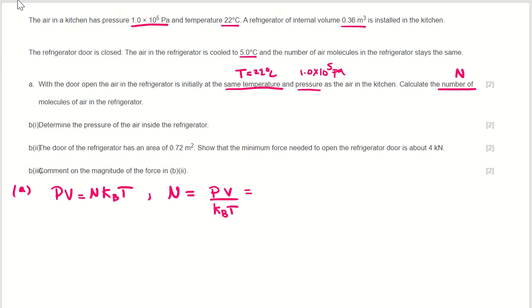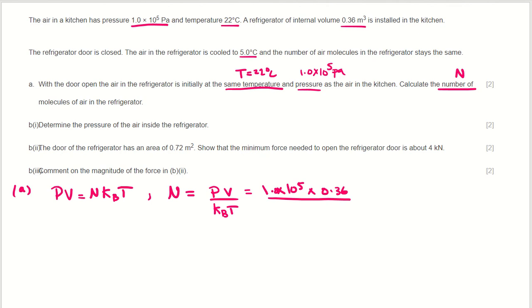So P is 1, V is 0.36 meter cubed over K_B. I need to find it from the data booklet. Just 1 second. Let me bring it from the data booklet.